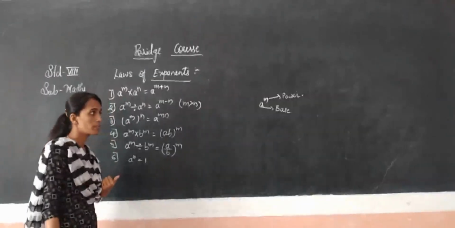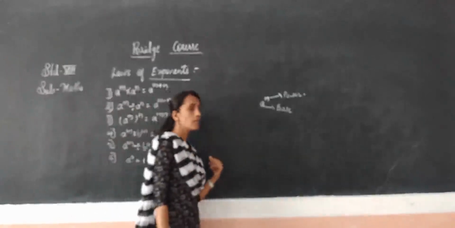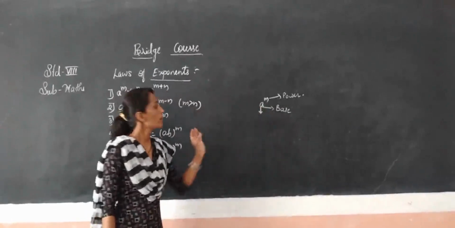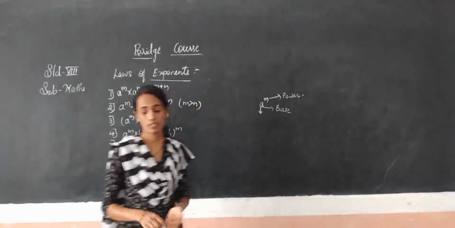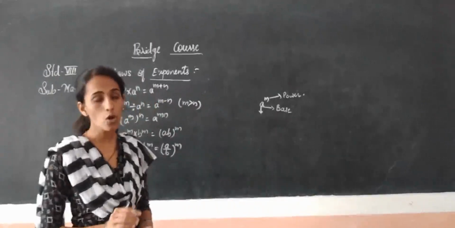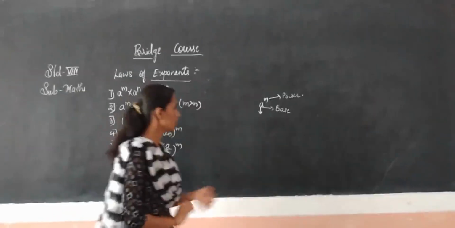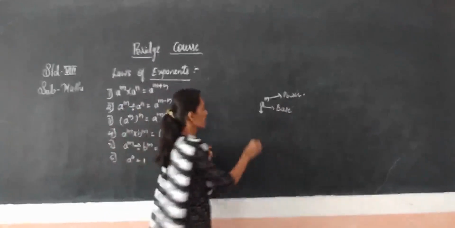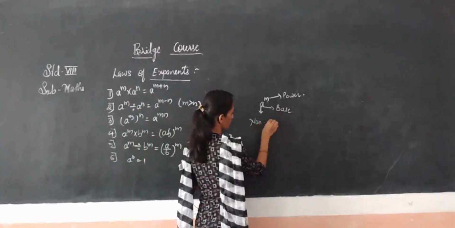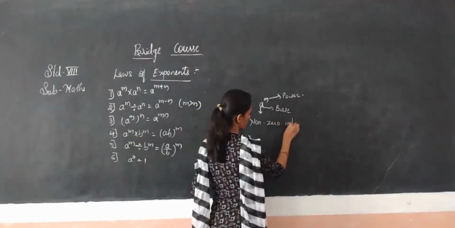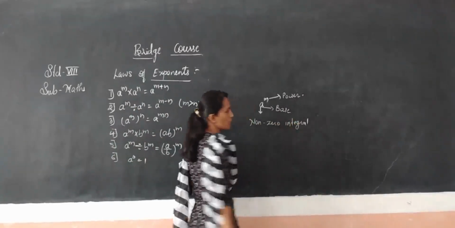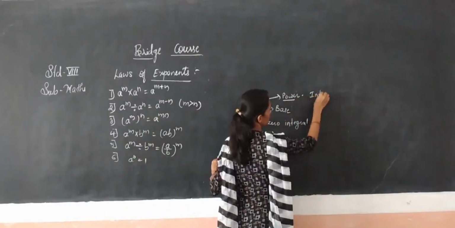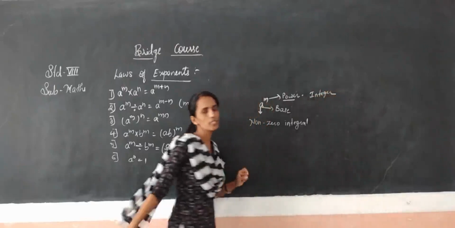Then a is called the base and m the power, and here a must be a non-zero integer, so it must not be 0, and m must be an integer.